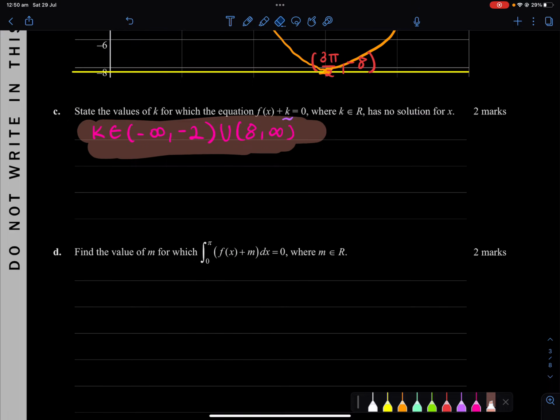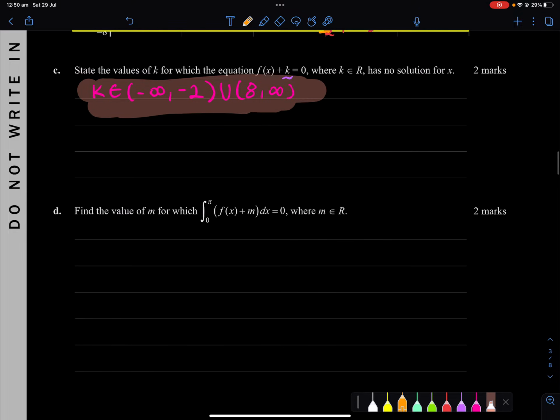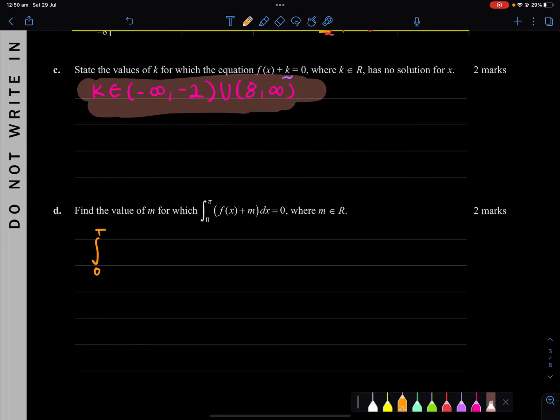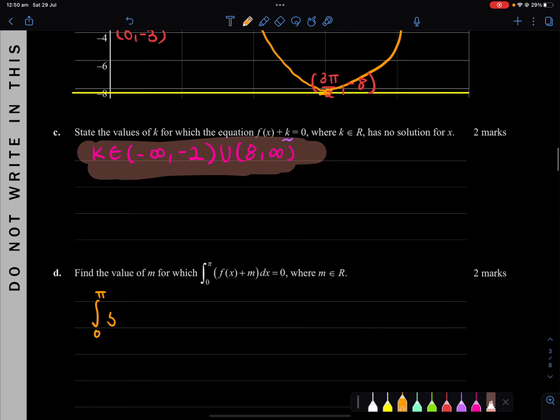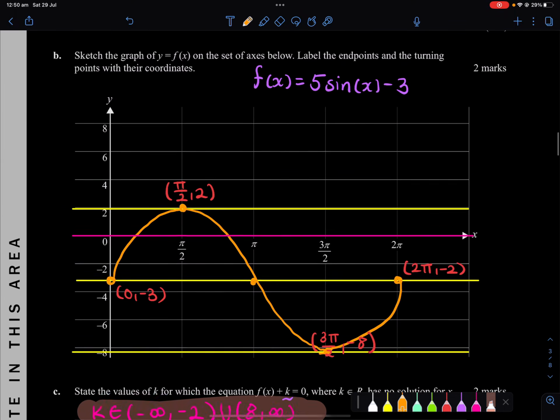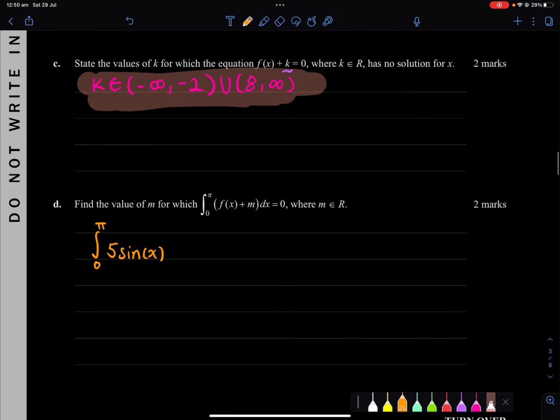Find the value of m for which this, where m equal, okay. So what I'm going to do is integrate from 0 to pi, f of x plus m. So what's f of x again? f of x is 5 sine x minus 3. So 5 sine x minus 3 plus m dx.